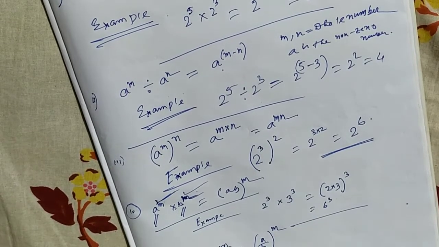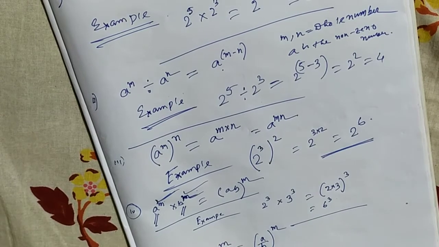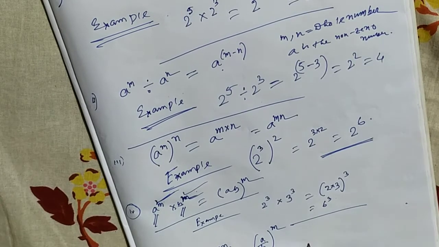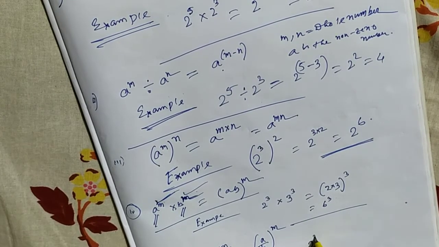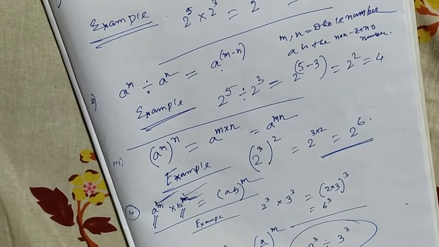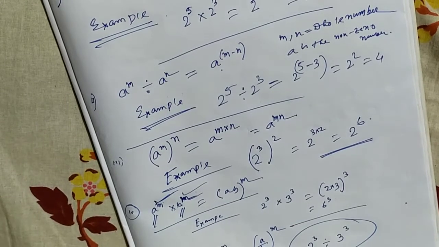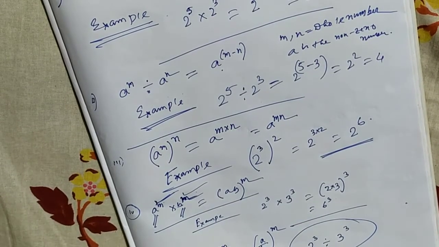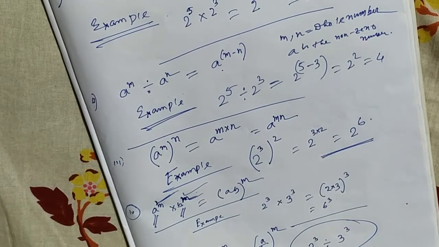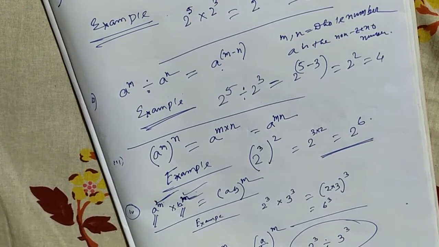For example, 2 to the power 3 divided by 3 to the power 3. As per law of exponent, we write 2 by 3 to the power 3. This is the answer.